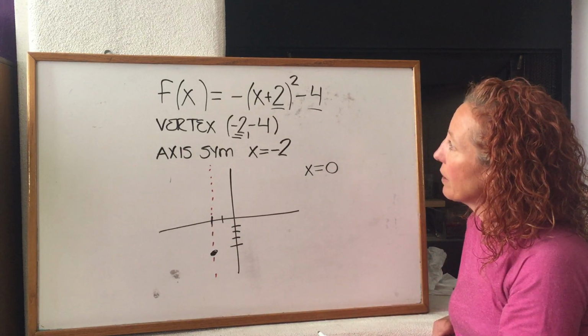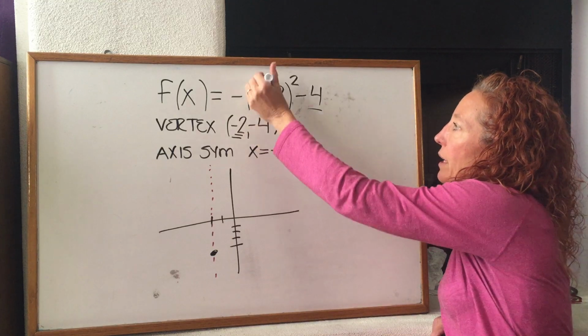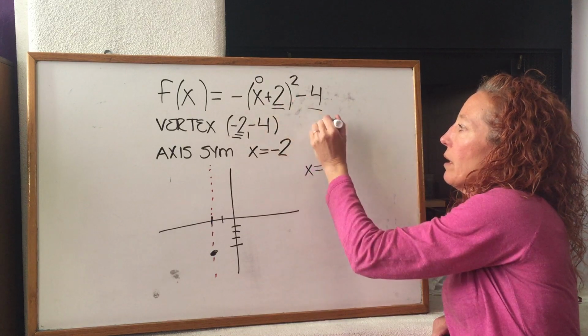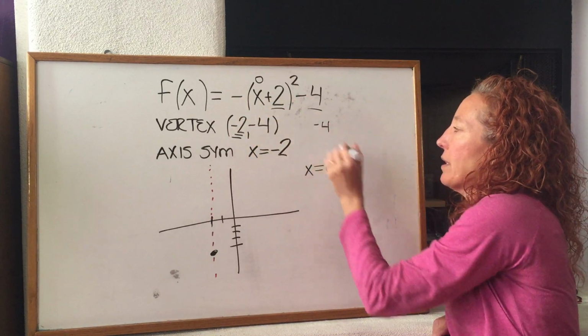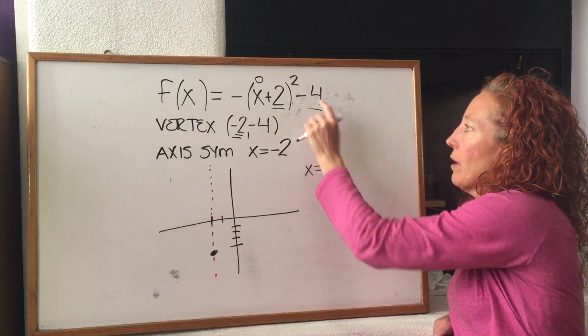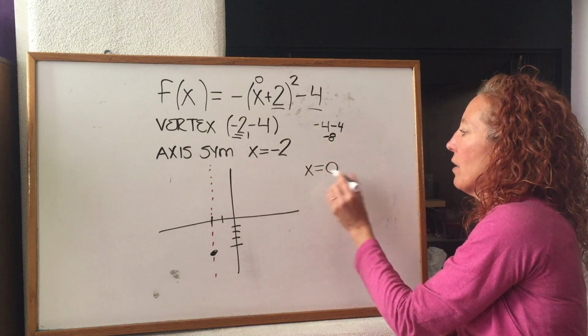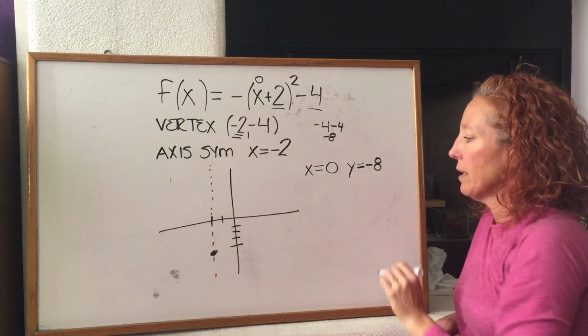Let's see what happens. If I plug in 0 there, I get 0 plus 2 is 2, squared is 4, but there's that negative out in front, so it's a negative 4. Take away 4 more is a negative 8. So if x is 0, the y value is negative 8.